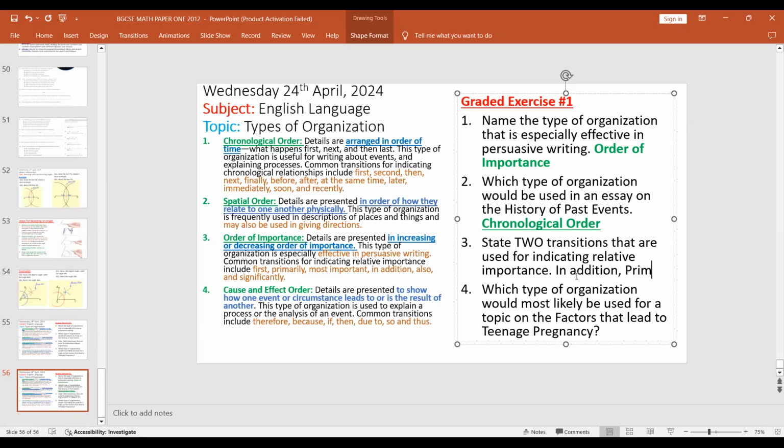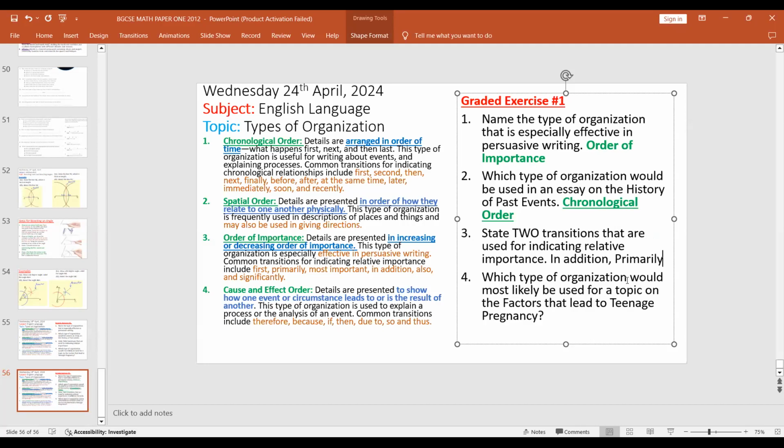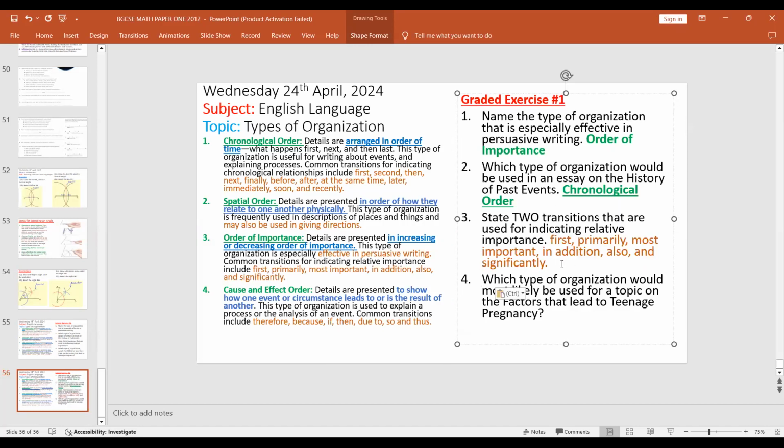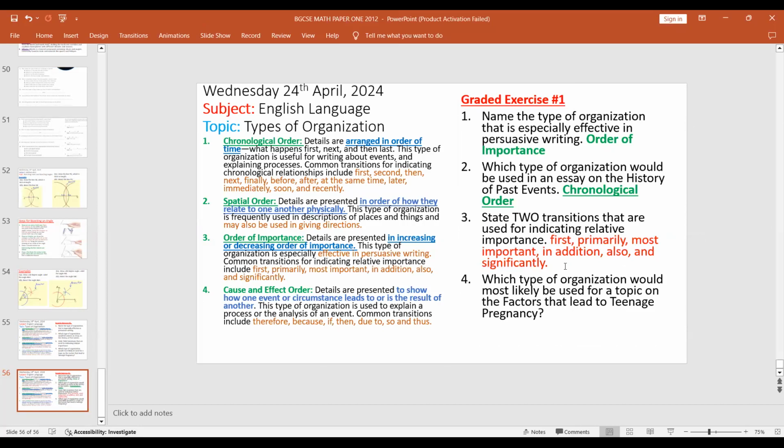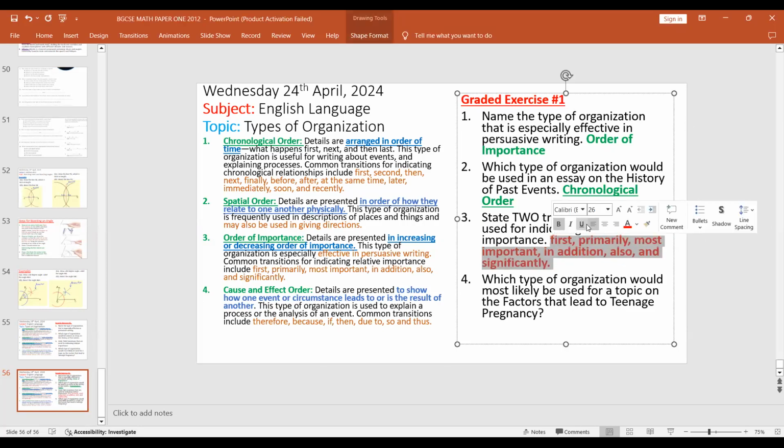Most important, also, significantly. Yeah, any one of them, right? All of them could have been used. Did anyone else get number 3 right? First, primarily, most important, in addition to, and so on.